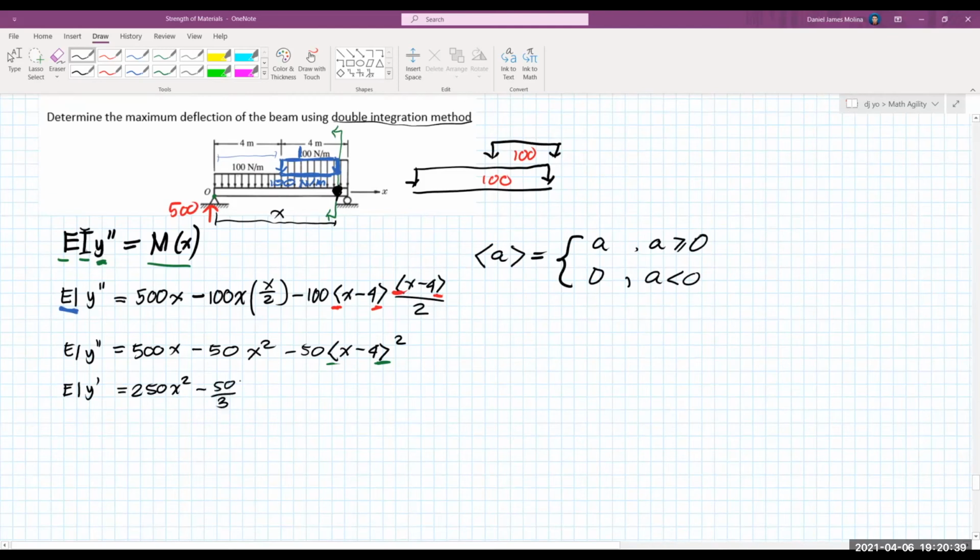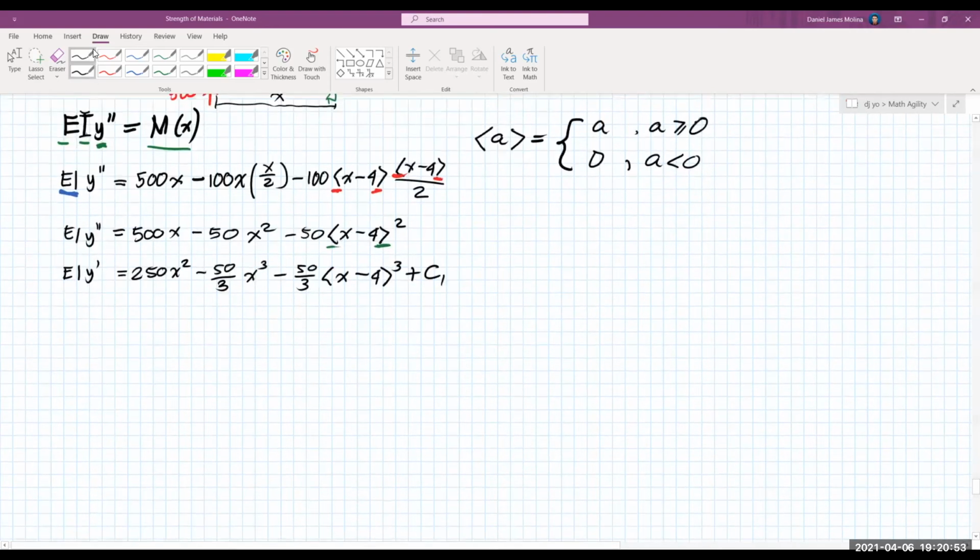By power rule, we have 50 over 3 x cubed minus 50 over 3 x minus 4 cubed. And then we will add the arbitrary constant, C1. And then, of course, integrating for the second time, we have 250 over 3 x cubed minus 25 over 6 x to the fourth minus 25 over 6 x minus 4 to the fourth power plus C1 x, and then of course a second arbitrary constant.